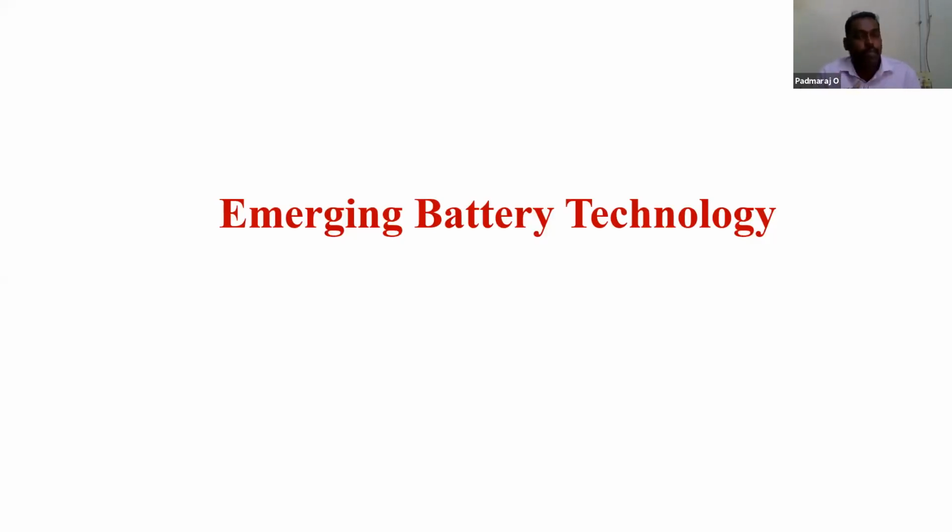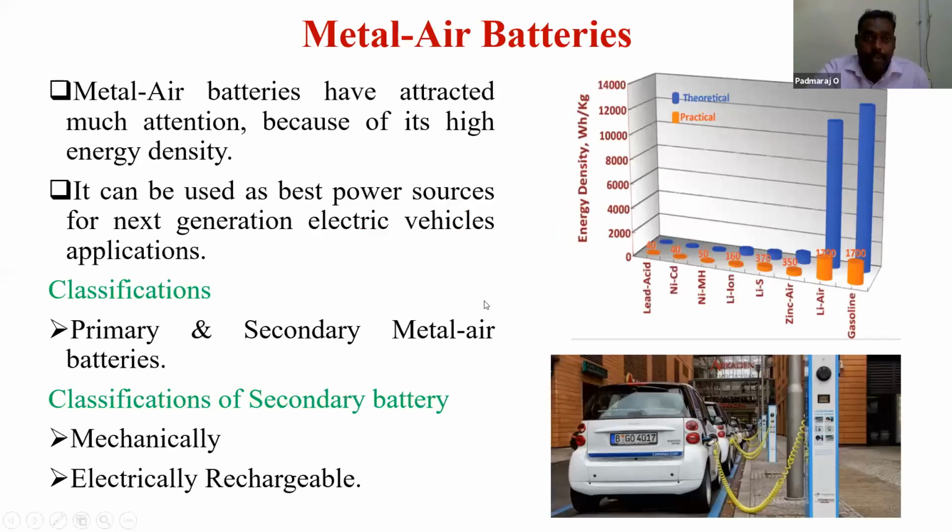Then the emerging battery: what is the difference compared to the lithium battery? The emerging battery technology is very different from lithium batteries. Here there are metal air batteries, where air is the fuel. Understood? The normal atmospheric air is used as a fuel for the redox reaction.